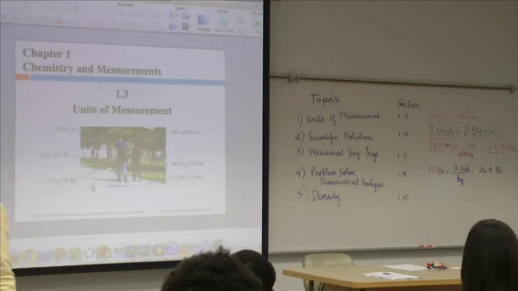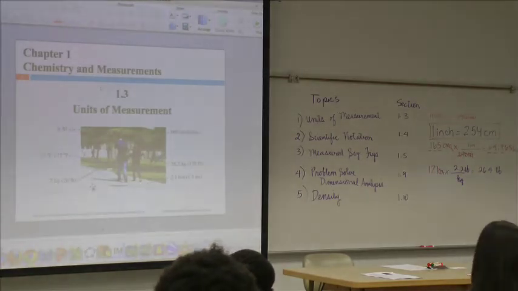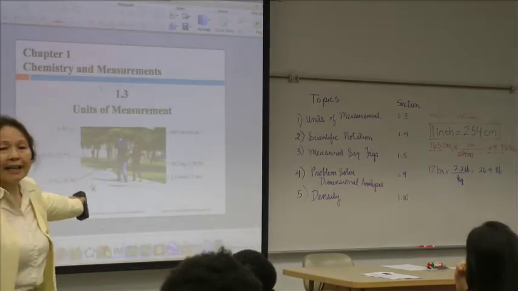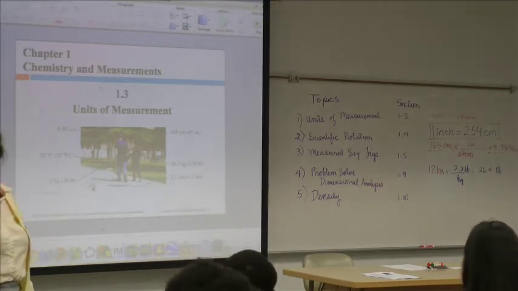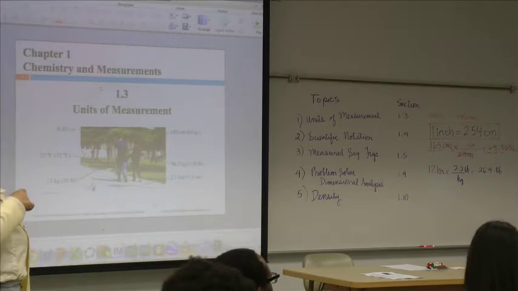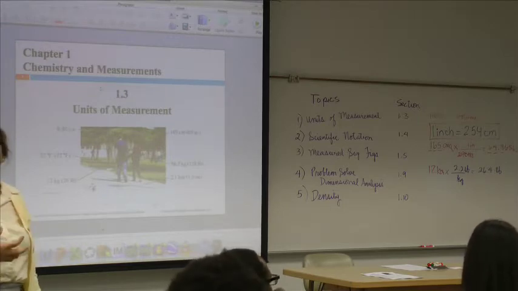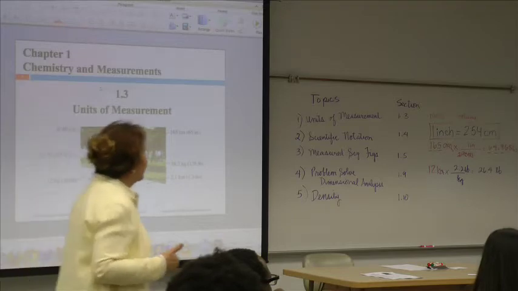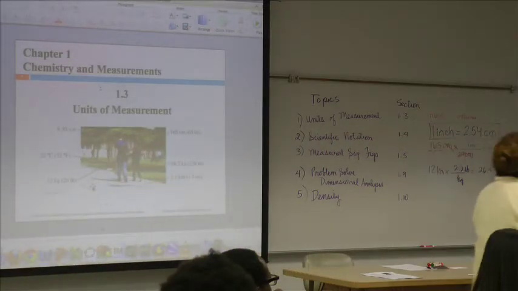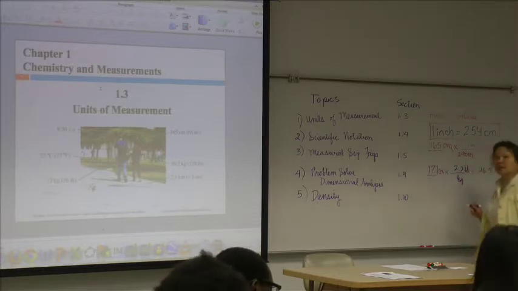Is 26.4 the correct answer? Yeah. And so you see, sometimes in our book, lots of the math is not quite right. So believe in your right answer. What should be our significant figures?